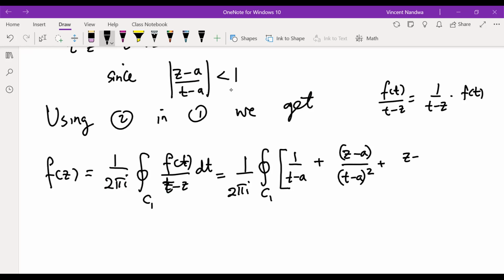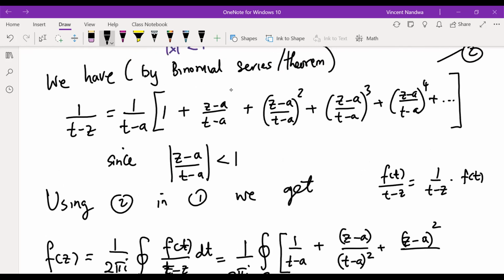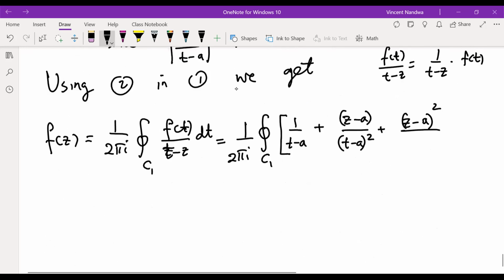Next will be (z minus a) squared over (t minus a) cubed, because the numerator is squared, the denominator is squared, then multiplied by this it will be (t minus a) to the power 3.